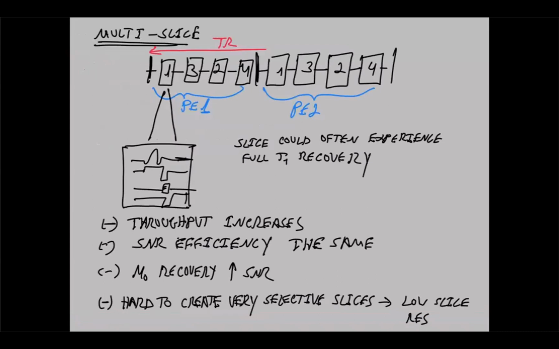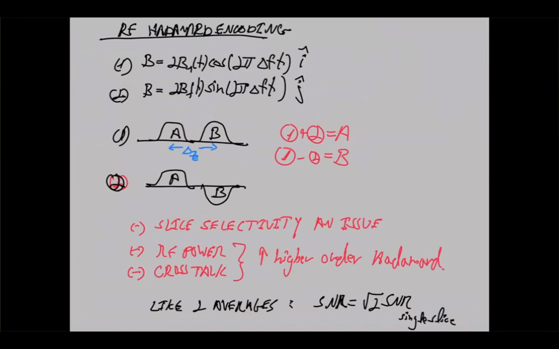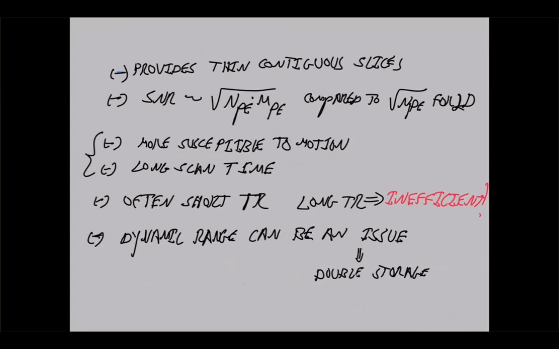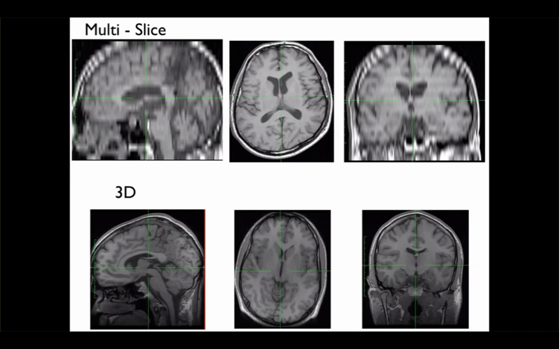Multi-slice is when you excite each slice and then you image it. Hadamard encoding is when you encode it with Hadamard. And 3D is when you do a 3D encoding. And that provides a little bit of benefit. And that's the result.